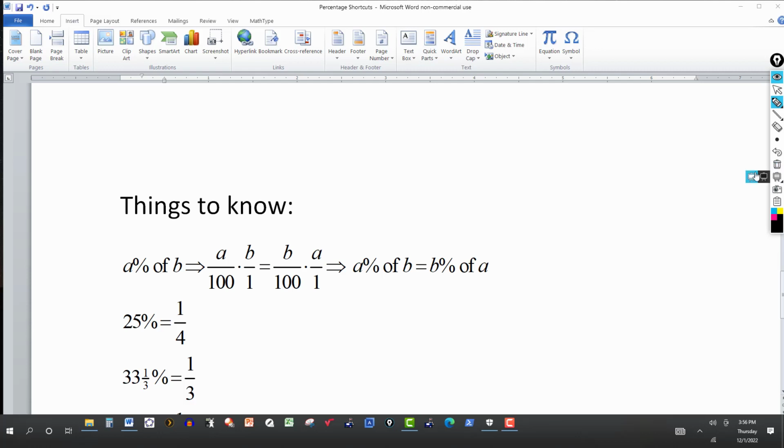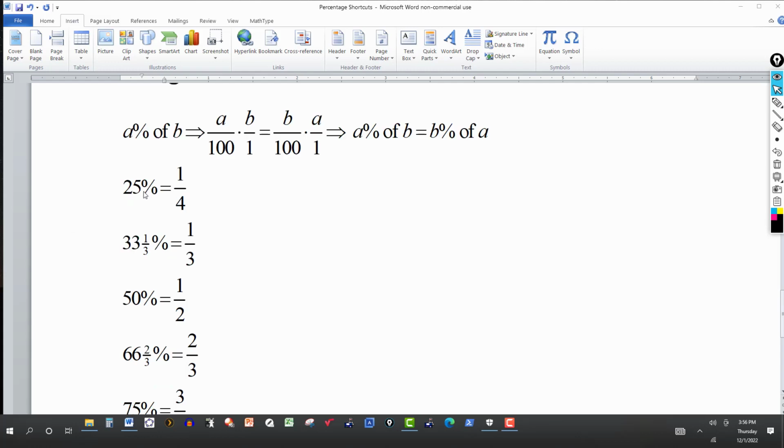So the other thing that would help you is to know these ideas here. Know the equivalent fractions. If you're given a percent like 25%, again, the percent sign means divide by 100. So 25% can be written as 25 over 100. You can reduce that. 25 into 25 is 1. 25 into 100 gives you 1/4.